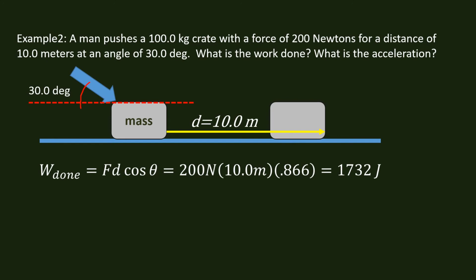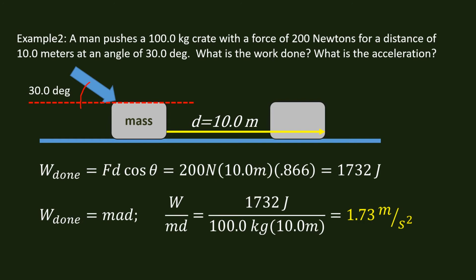And we're just going to use the work done equation, F d cosine theta, and plug in everything. The cosine of 30 degrees is 0.866, and we have 1,732 joules. And if we take a look at the work done for the acceleration, where we're solving for a, we get 1.73 meters per second squared.